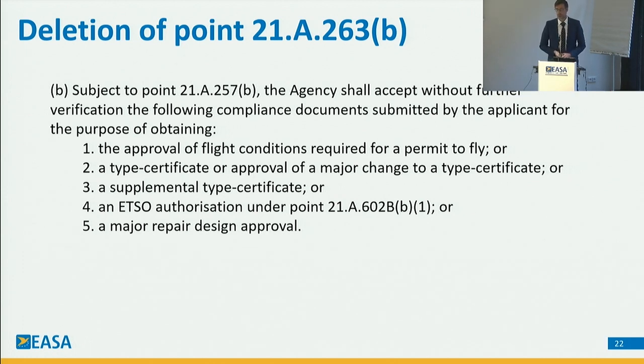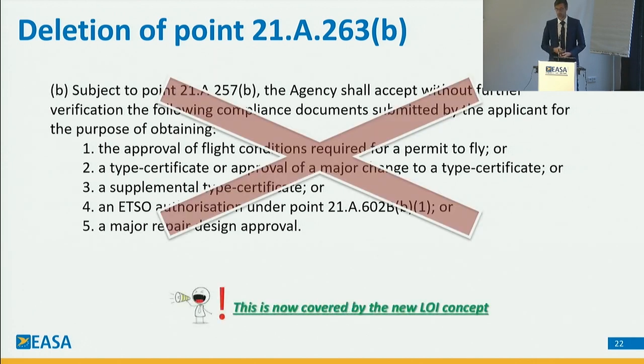Today we have 21A263(b) in the privileges for the approved design organization, which has this wording: the agency shall accept without further verification the following compliance documents submitted by the applicant for the purpose of obtaining the approval of flight conditions, type certificate or approval of major changes, supplemental TC, ETSO authorization or major repair design approval. Because we have now introduced level of involvement, we don't need that privilege any longer.